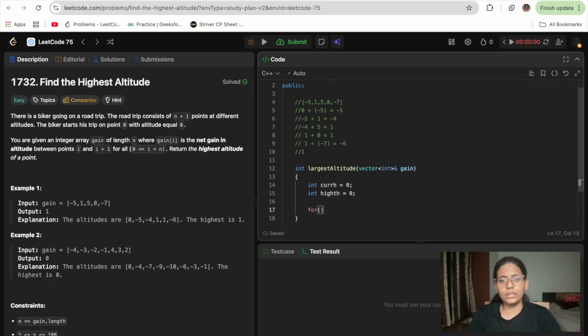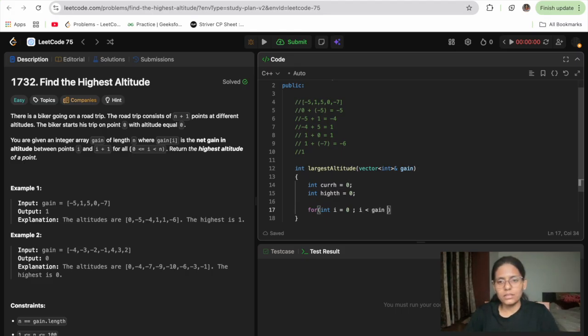Let's take the current height equal to 0. It's basically the height difference from where I was to where I am now, where the biker is now.